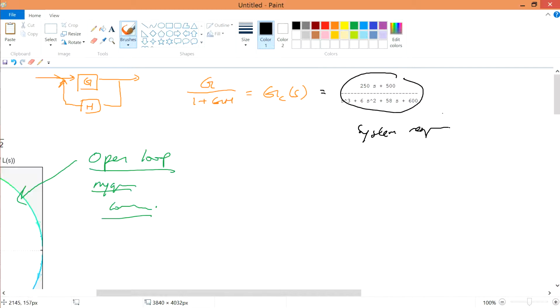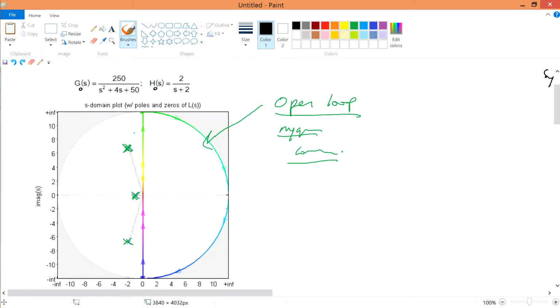If I take this system response, I'll plot it in the contour. This is the contour that I plotted previously for the two poles and one pole over here, the open loop Nyquist contour.